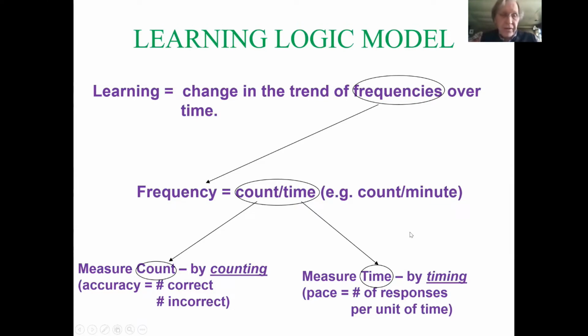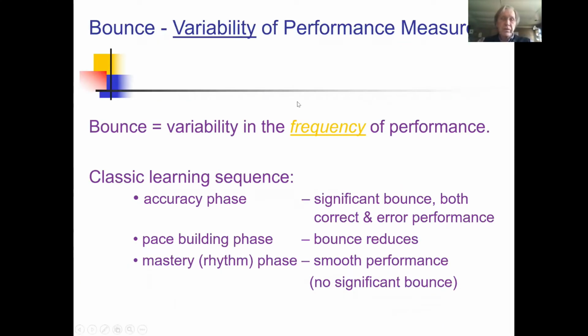The third variable that we are interested in terms of a measure is bounce. That's the measure for the variability of performance. In the classic learning sequence, we have an accuracy phase with significant bounce in both correct and error performance. We have a pace building phase where bounce tends to reduce, often in both correct and incorrect.